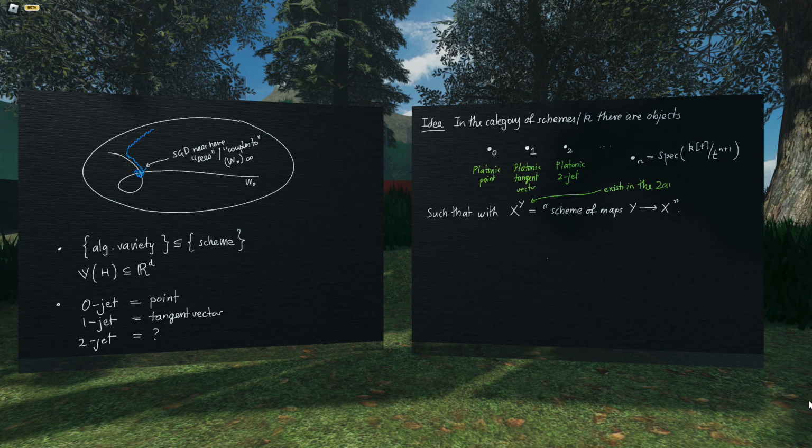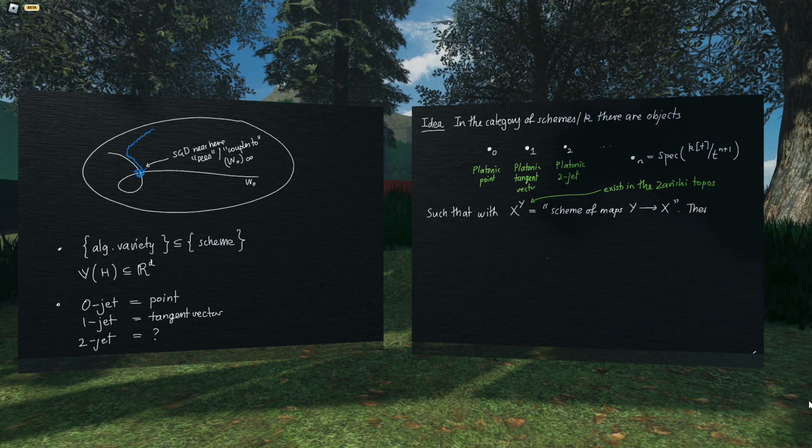If you know about topos theory, such exponentials exist in the Zariski topos. That's outside the scope of these discussions. It doesn't matter, but it's important to have the idea that this is what you're doing, even though it takes more sophisticated techniques to actually formally do it. But in some sense, you can do this. You can take two schemes and you can take the sort of function space from one to the other.